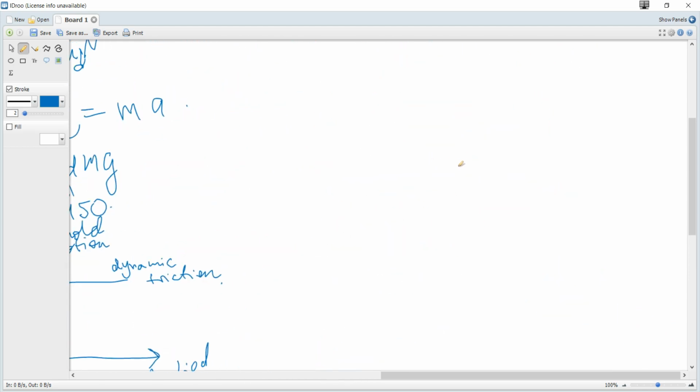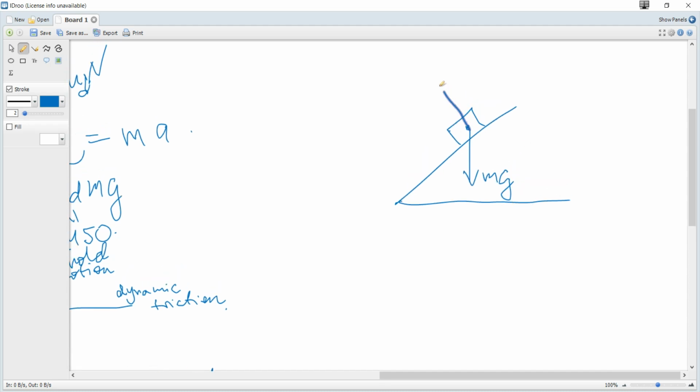And let's consider an object on an inclined plane, and this situation looks like this. Let's consider the forces: mg, the weight or gravitational force, and the normal reaction perpendicular to the plane. It tends to move downwards, so the frictional force opposes motion and it doesn't slide.